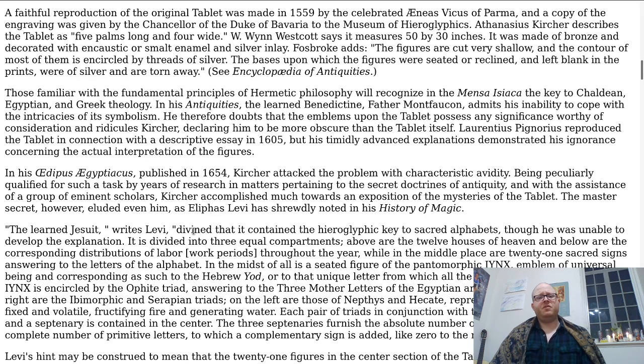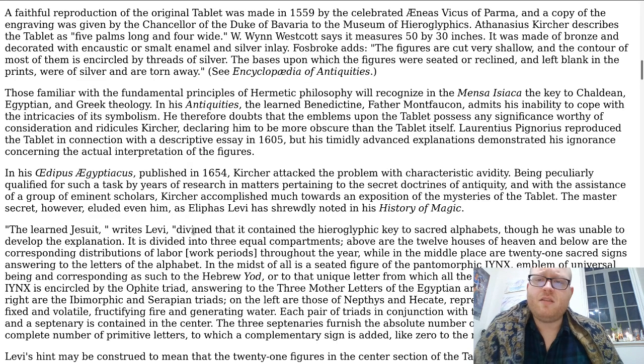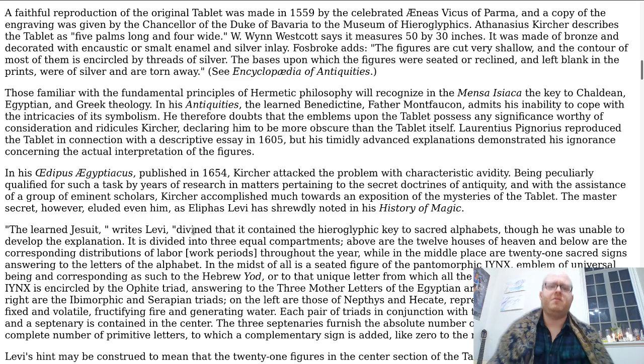Those familiar with the fundamental principles of Hermetic philosophy will recognize in the Mensa Isaica the key to Chaldean, Egyptian, and Greek theology. In his Antiquities, the learned Benedictine Father Montfaucon admits his inability to cope with the intricacies of its symbolism.